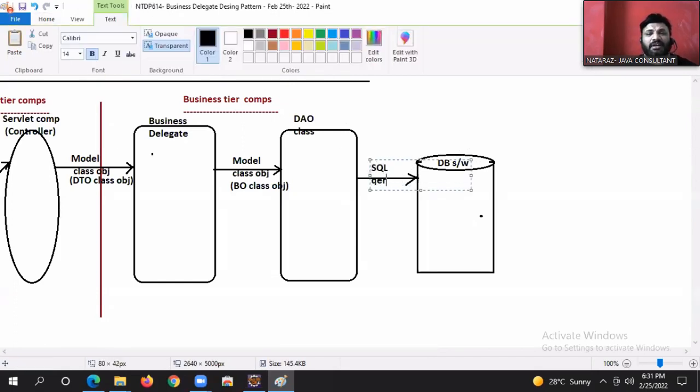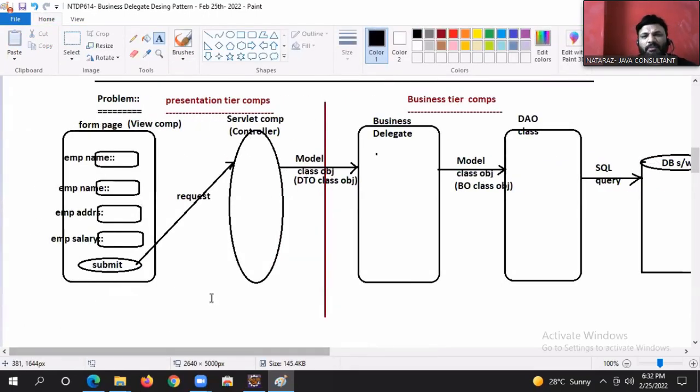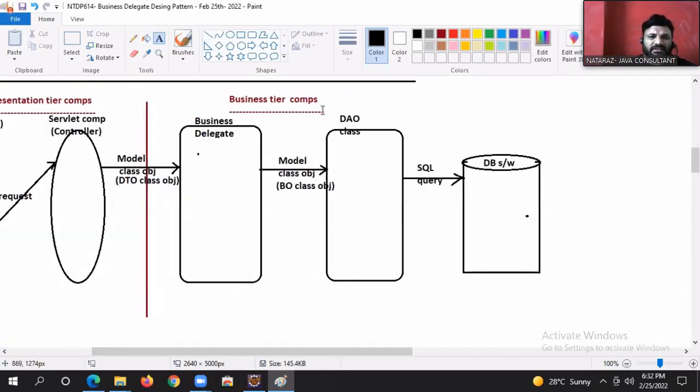The data goes from DAO to the database software in the form of a SQL query only. Simply in the form of a SQL query, no doubt and no second thought in that, right, boss? Now the control comes back.